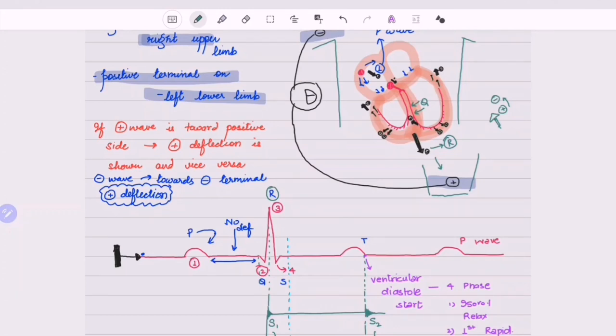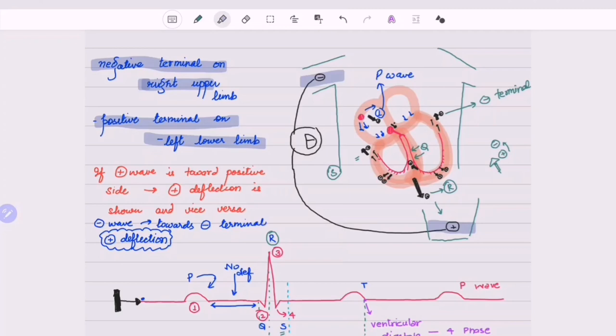Now the depolarizing wave reaches the base of the ventricle, which is towards the right and upward direction, towards the negative terminal, showing a negative deflection towards the downward side, represented by the S wave in the ECG.